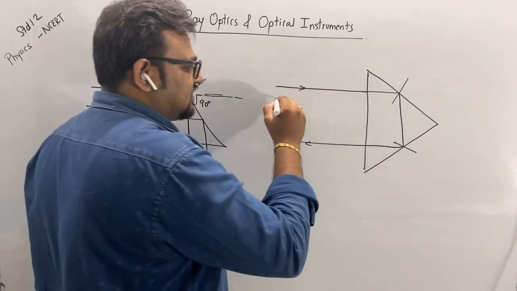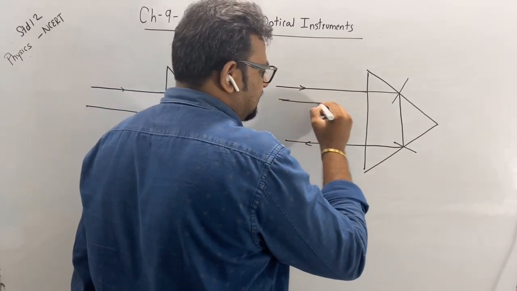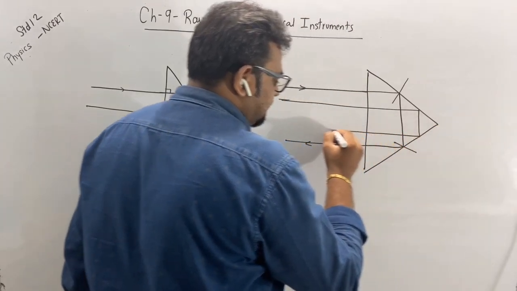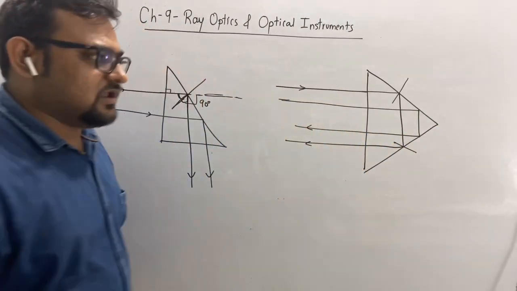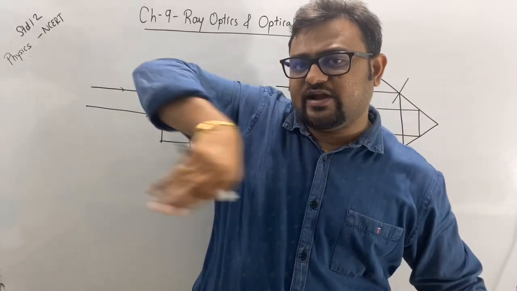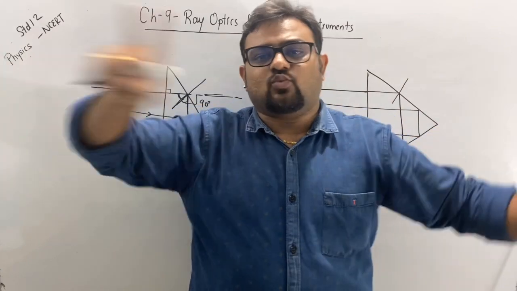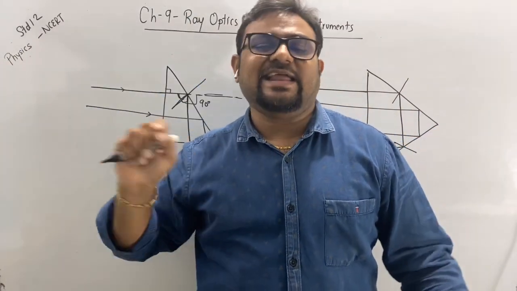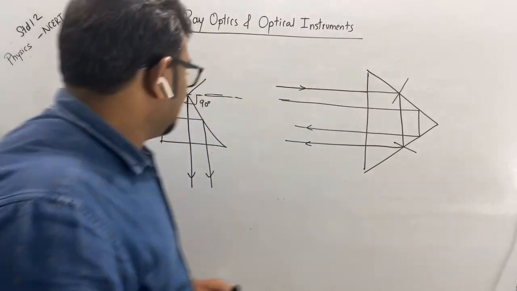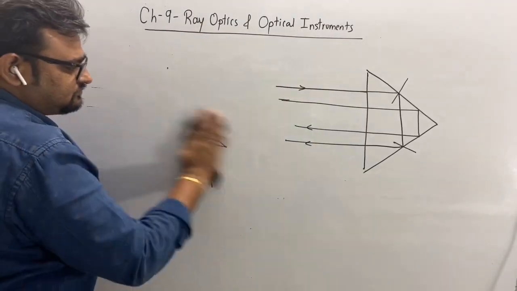If there is another ray, it will go in this way. Clear? So the rays were moving in this way and were deviated in this way. So this is a 180 degree deviation. Clear? Let's take one more figure.